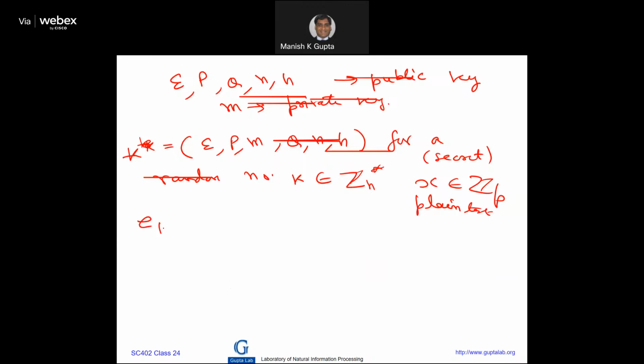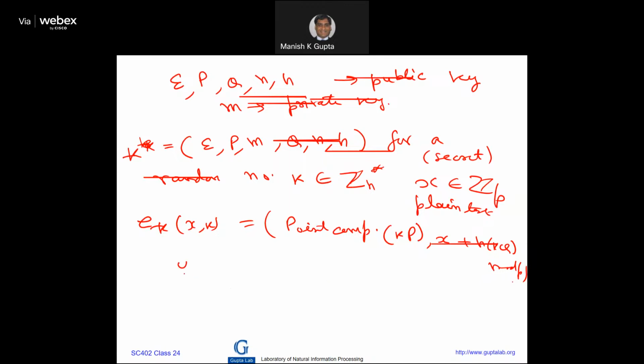Encryption is e_k of x, k: point compress of kP, x plus h of kQ mod p.